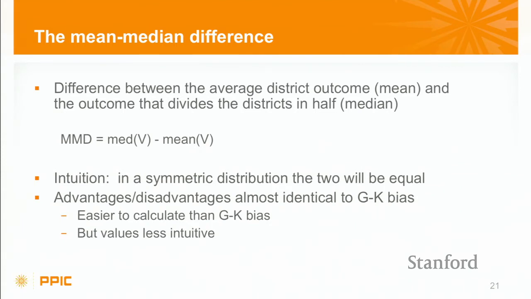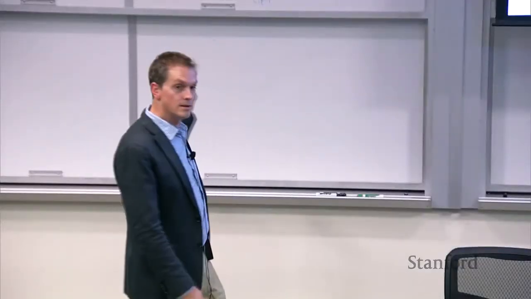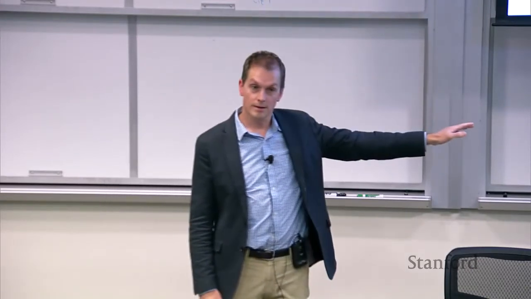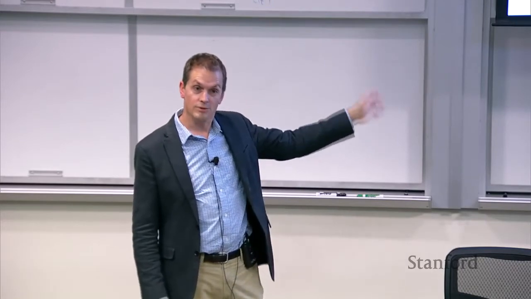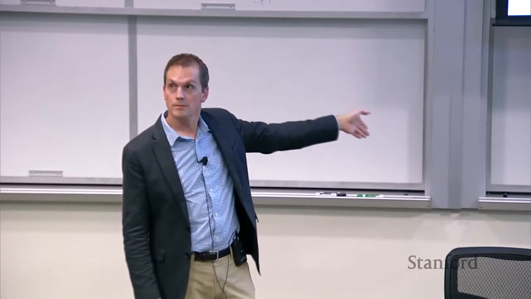The district that divides the distribution in half. So I know what median means, but what does it mean here? What is being divided in half? The distribution of, so if you arrayed all the districts from the least Democratic to the most Democratic, it's the median of that distribution of district outcomes, of vote outcomes, sorry.